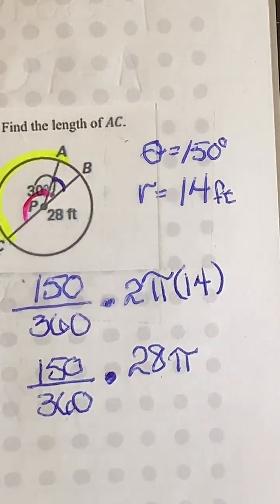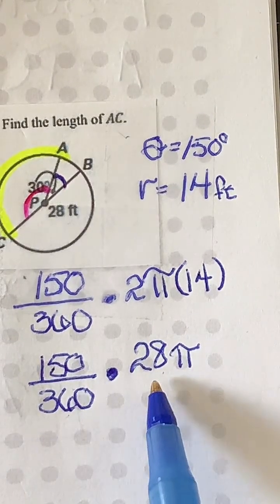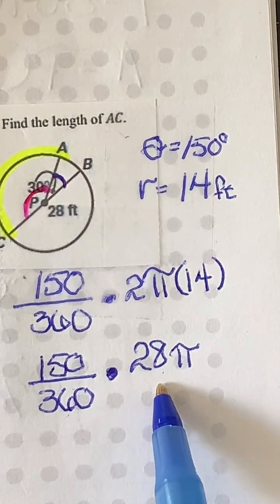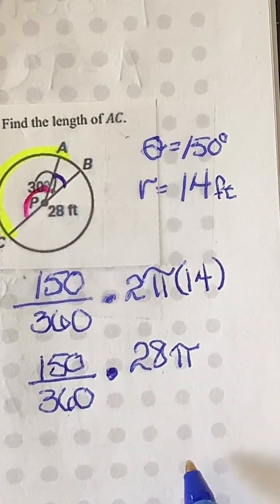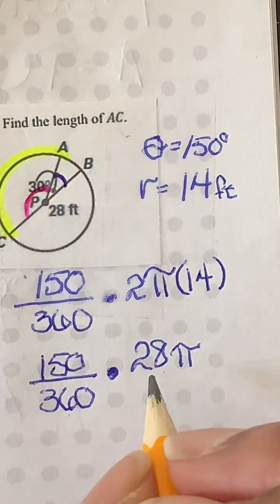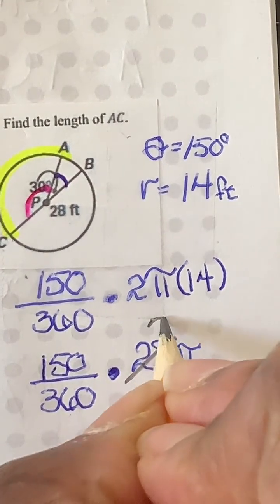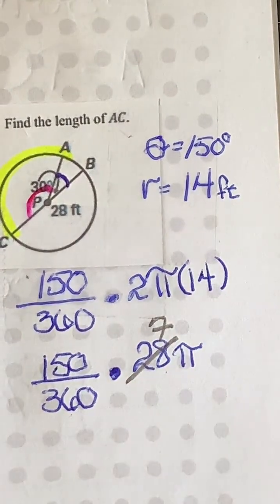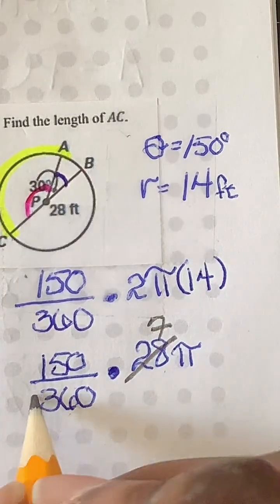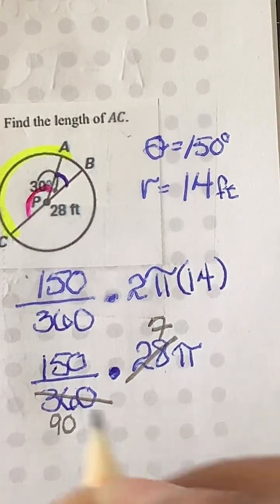With 28, we've got multiples of 2s and multiples of 4s, and I want to try the 4. If I divide this 28 by 4, that's going to give me a 7. If I divide the 360 by 4, that will give me a 90.